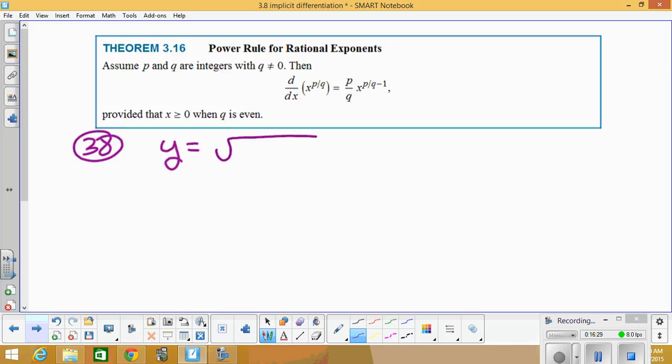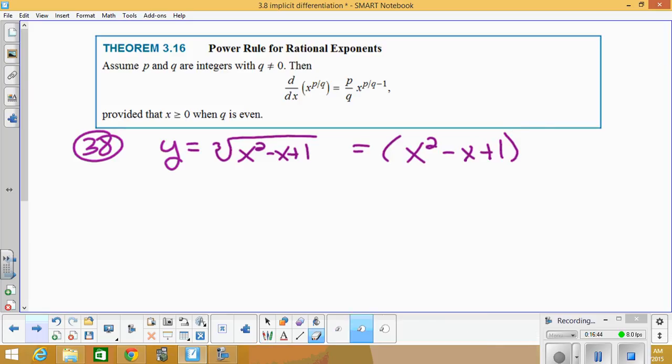So we're going to give them this function, which is the cube root of x squared minus x plus 1. And you know I can change this into a rational exponent, 1/3. And then I can take the derivative of this.